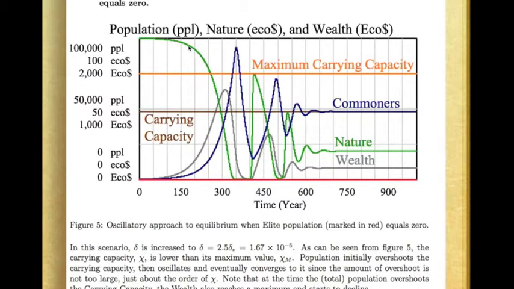So remember that nature gets regenerated, so it may go down, but then it gets regenerated, goes back up, and then it comes down again, and eventually it stabilizes at a much lower value, by the way, and so does wealth, and the commoners. So all the variables oscillate, they go up and down, until they're able to find their sustainable values. Okay, so that's another interesting result by consuming at a faster rate.